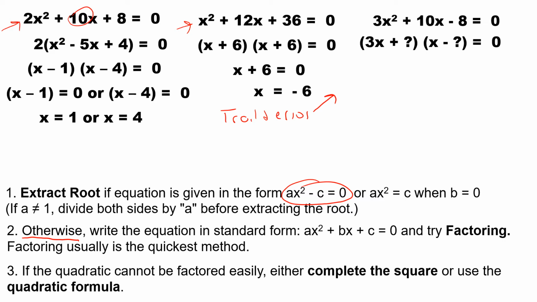So we know that the factors of 3 are 3 and 1. So we have our 3 and 1. And now we need to know what are the factors of 8 that would end up giving us this. So we have the factors of 8, which are 1 times 8 and 2 times 4. Since they're opposite signs, we've got this going on.